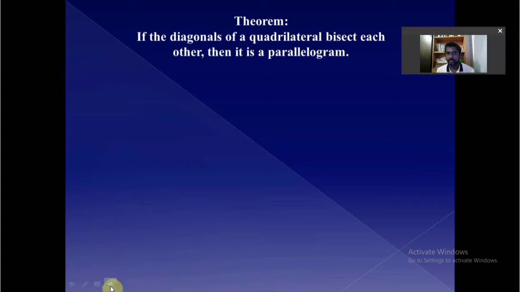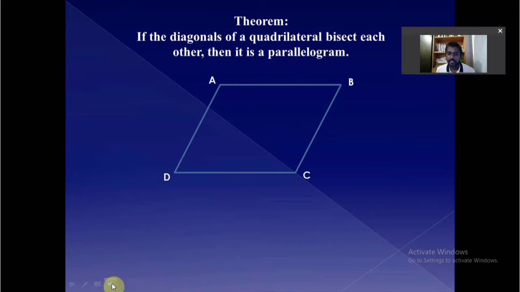Then the second one. If the diagonals of a quadrilateral bisect each other, then we call that quadrilateral a parallelogram. Here ABCD is a quadrilateral.